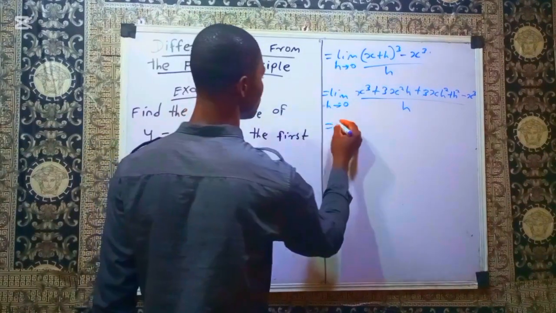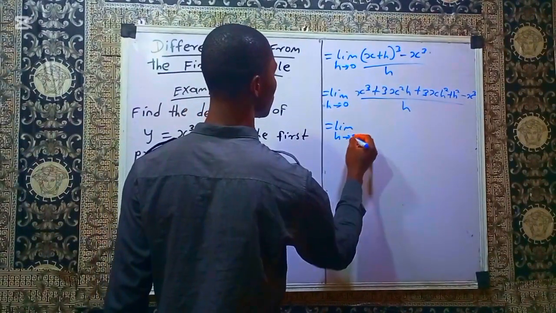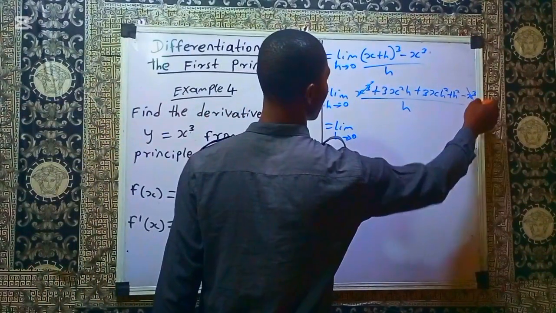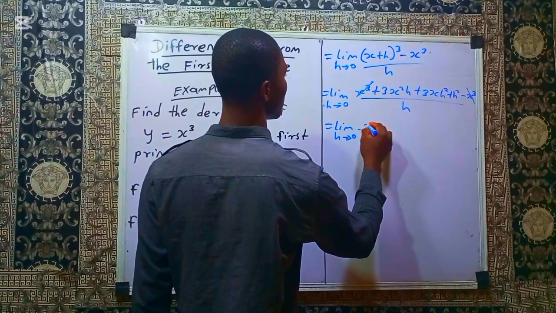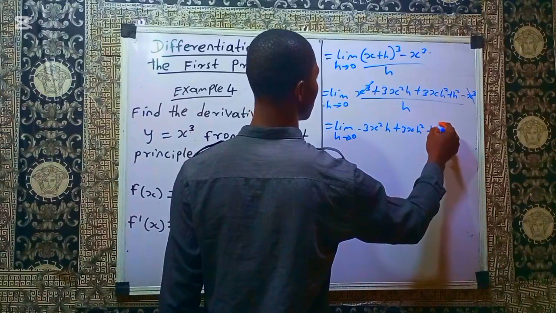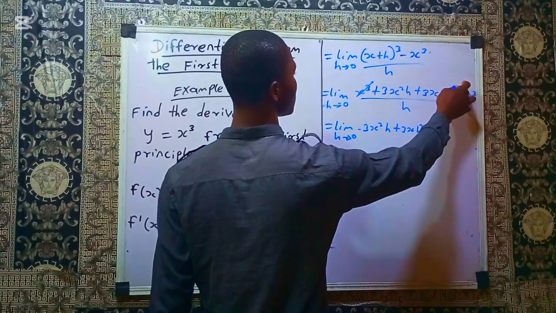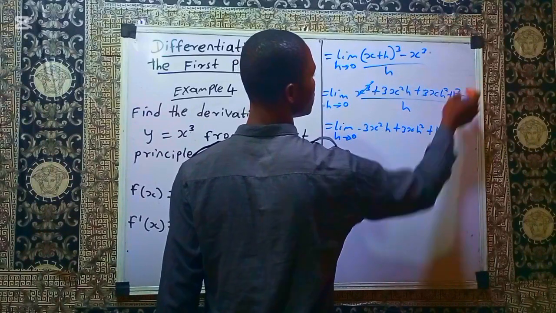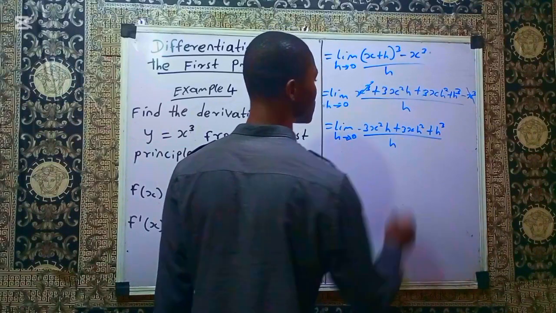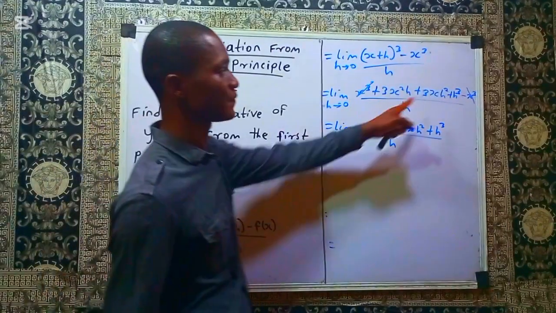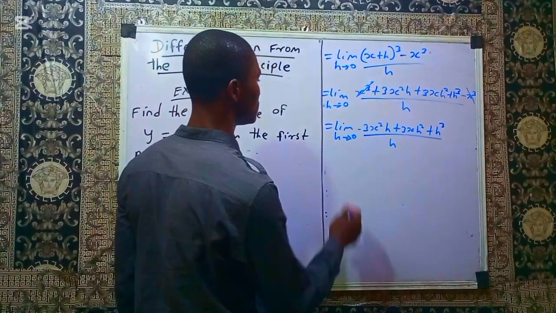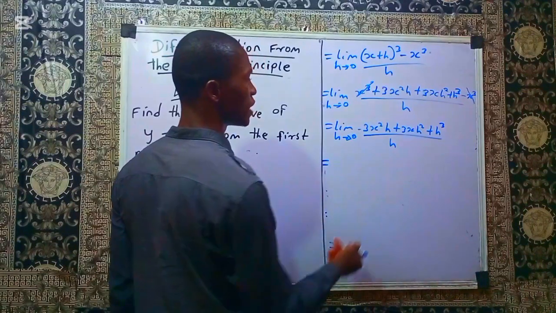Then this will be equal to limit as h goes to 0 of, so some things can cancel. x raised to power 3 can cancel x raised to power 3. You'll now be having 3x squared h plus 3xh squared plus h raised to power 3, all divided by h. Then h is common, I can factorize h.